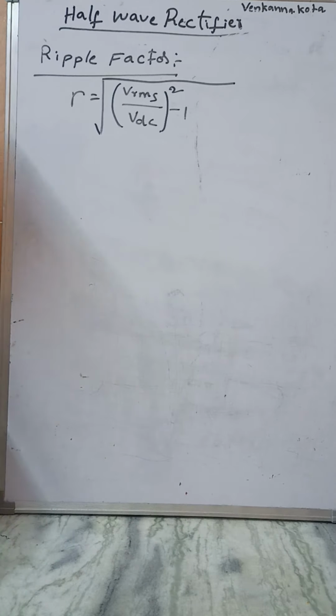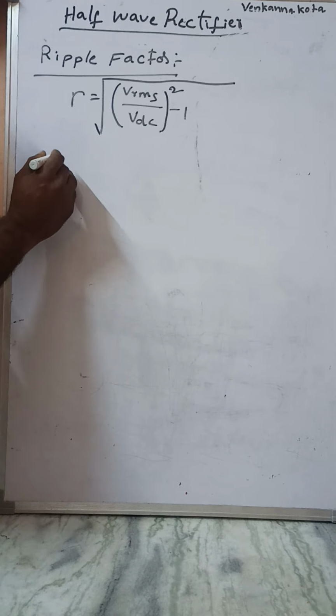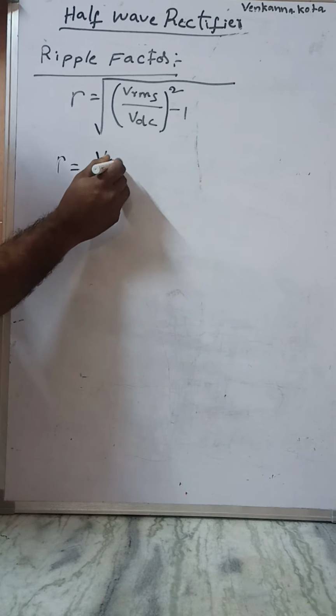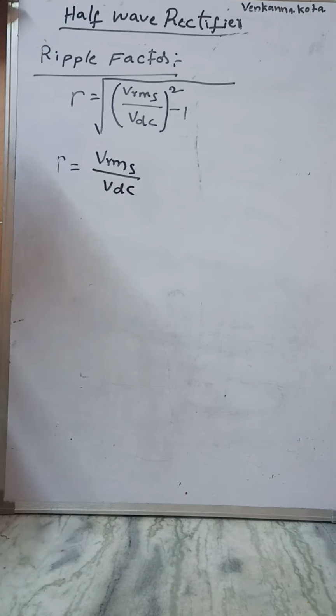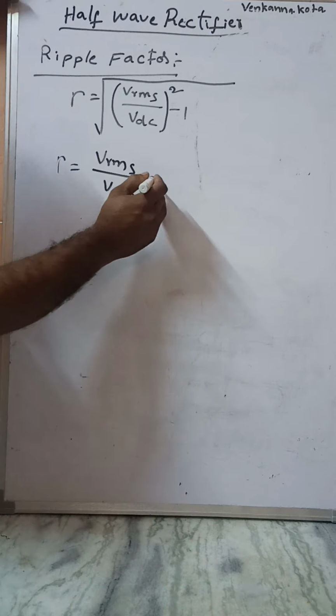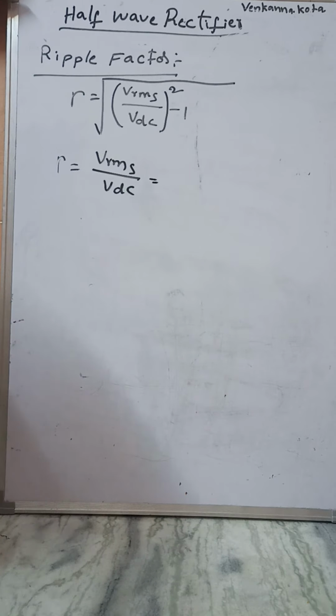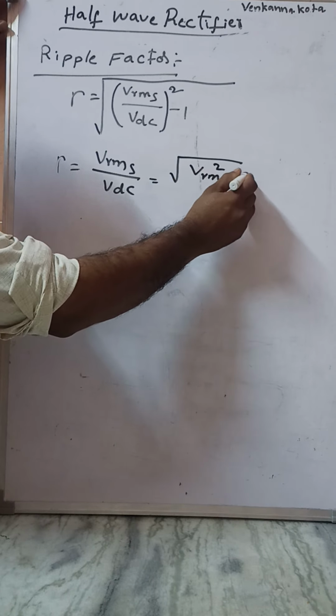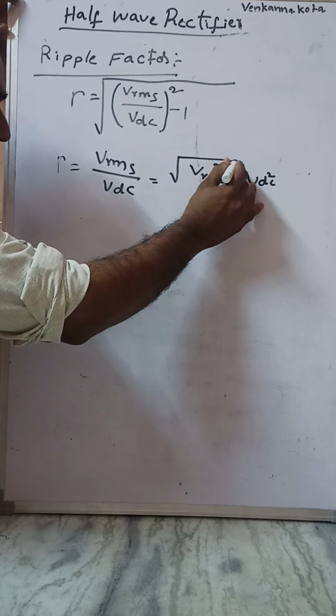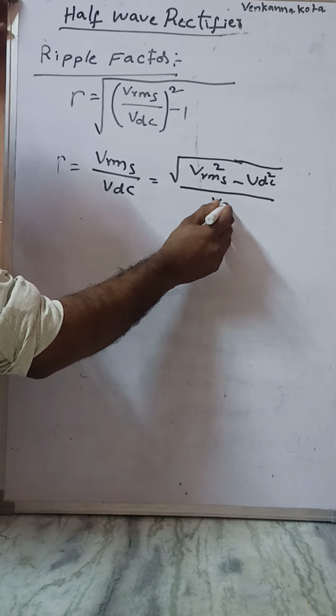Ripple factor is defined as Vrms by Vdc value. But the AC component is written as square root of Vrms square minus Vdc square, divided by Vdc.